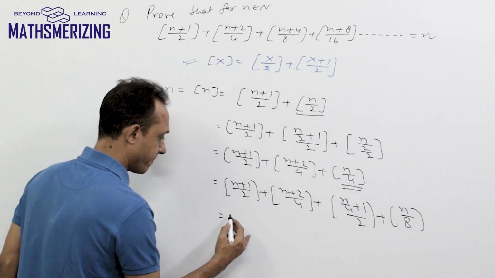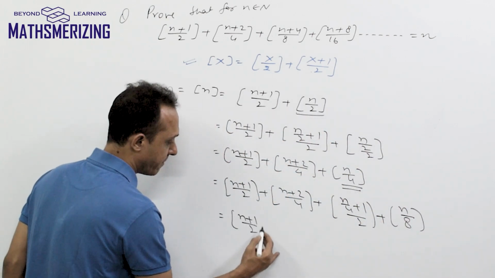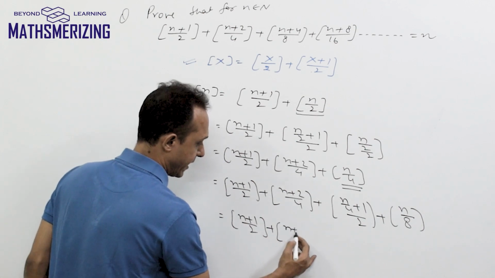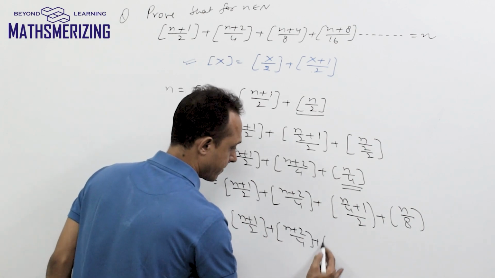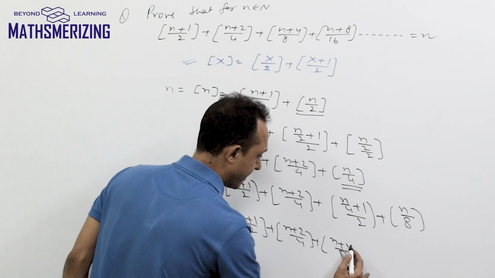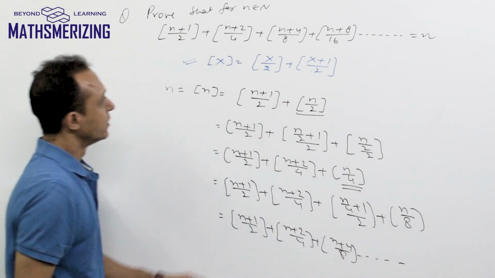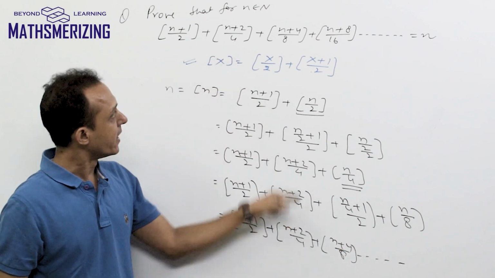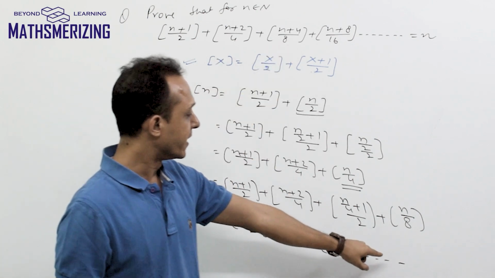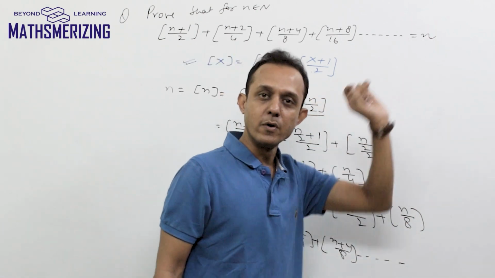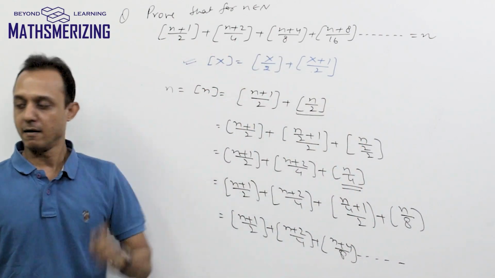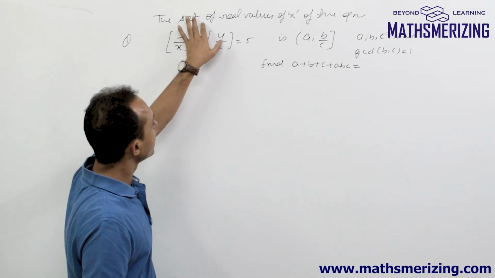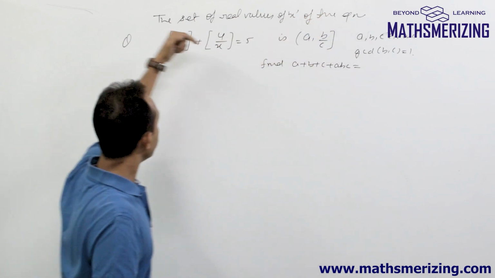So here will be n plus 1 by 2, n plus 2 by 4, n plus 4 by 8 and that's how it'll continue. So this is how we can prove that n plus 1 by 2, n plus 2 by 4, n plus 4 by 8 and this series continues up to infinity and this value is equal to any given natural number n.